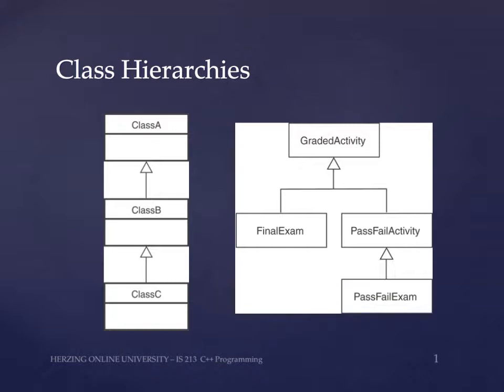For example, class C can be derived from class B, which is derived from class A. Consider the graded activity, final exam, pass-fail activity, pass-fail exam hierarchy on the right side of the slide. Here you have pass-fail exam, which is derived from the pass-fail activity class, which is derived from the graded activity class. Also notice that the graded activity has two derived classes.